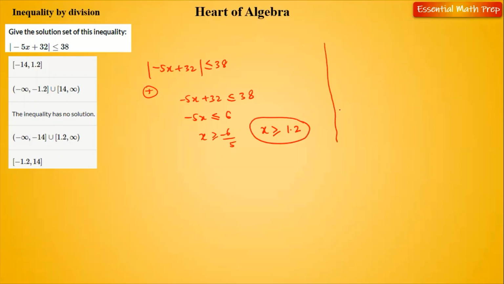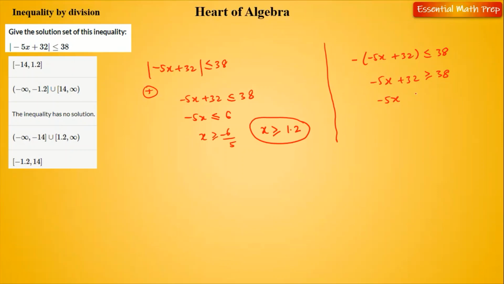Let's do the negative domain. So we have negative 5x plus 32 less than or equal to 38. So we can do negative 5x plus 32 greater than or equal to, this is less than, right? So greater than or equal to negative 38. We can add negative 32 on both sides, which would make it, what is it?